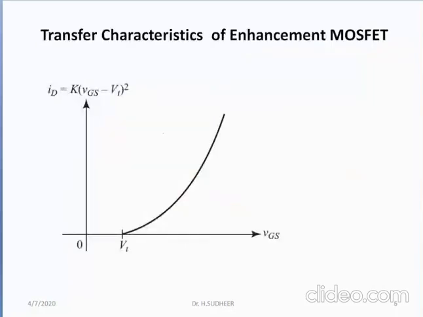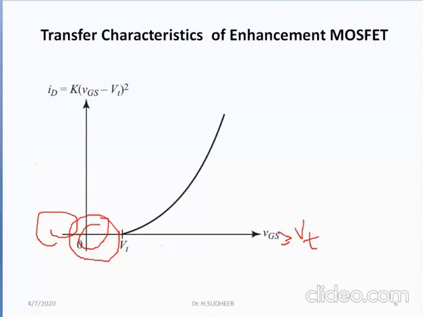This figure shows the transfer characteristics of enhancement MOSFET. You can see whenever VGS is negative, ID is equal to 0. When VGS is less than VT, no channel is established. Therefore, ID is equal to 0. Whenever VGS is greater than VT, the channel will be established and it can act like an enhancement MOSFET.